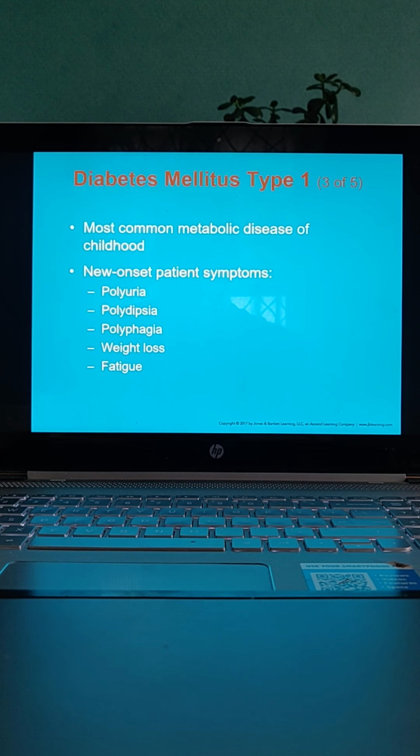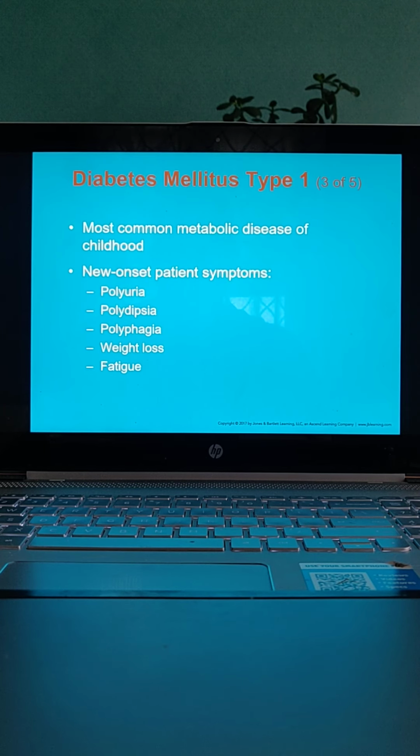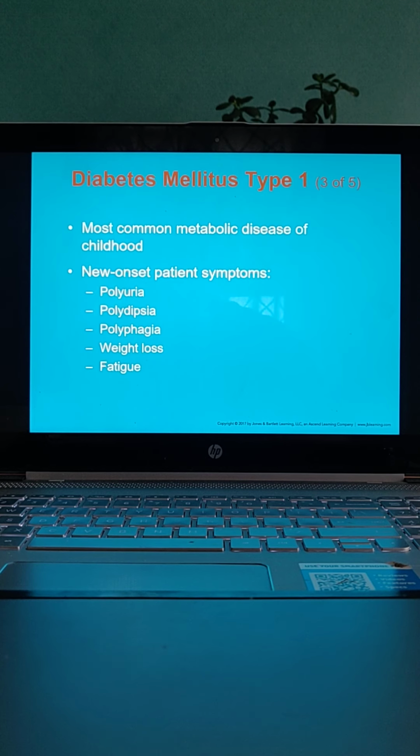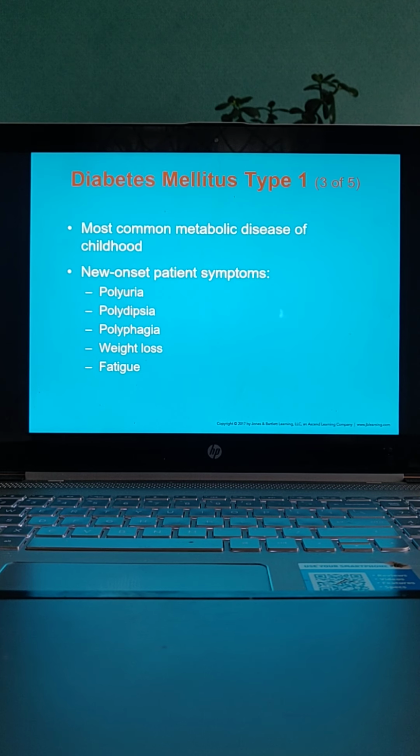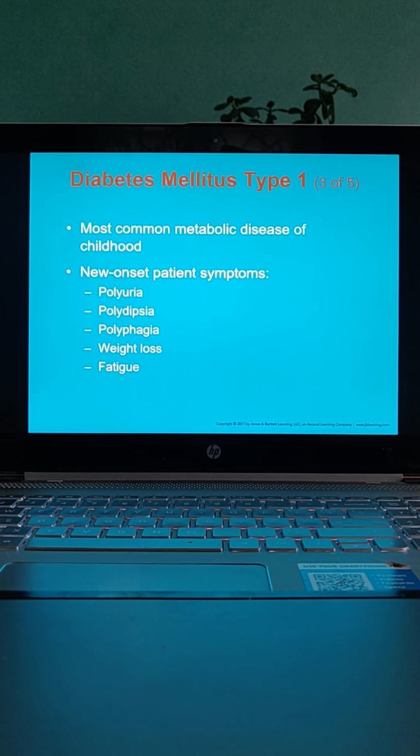Okay? Diabetes mellitus type 1 is the most common metabolic disease of childhood. Okay? New onset patient symptoms are going to be polyuria, polydipsia, polyphagia, weight loss, and fatigue. Okay? Now, you might want to say to yourself, what is polyuria, polyphagia, polydipsia?